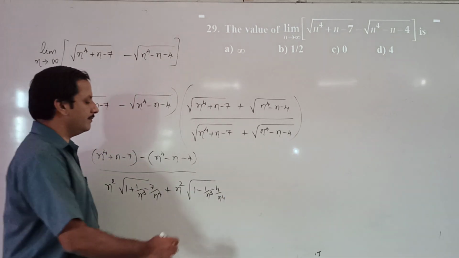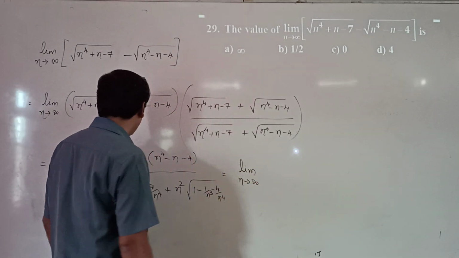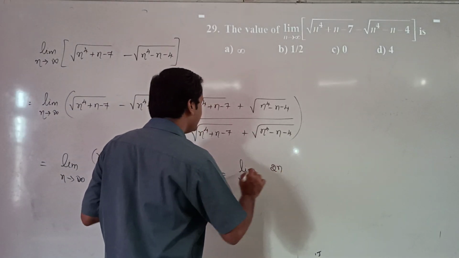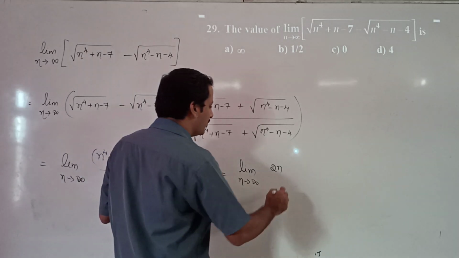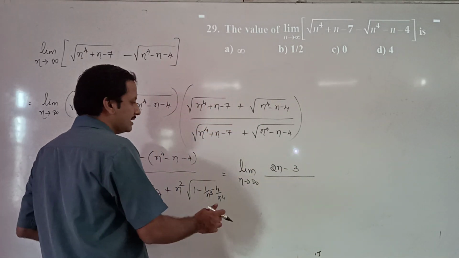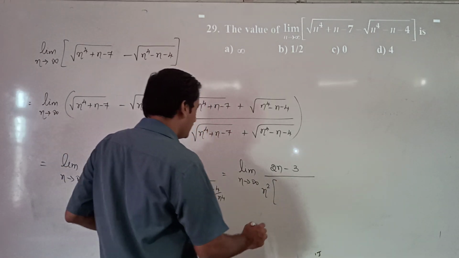N plus n, I will continue here. Limit n tends to infinity. Here n plus n, that is 2n, minus 7 plus 4, that is minus 3, divided by, I will take n square as common here. N square into, what will remain?